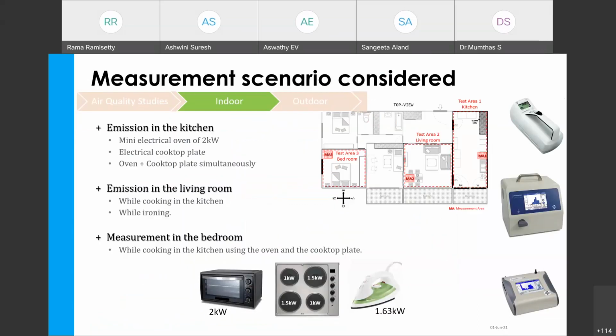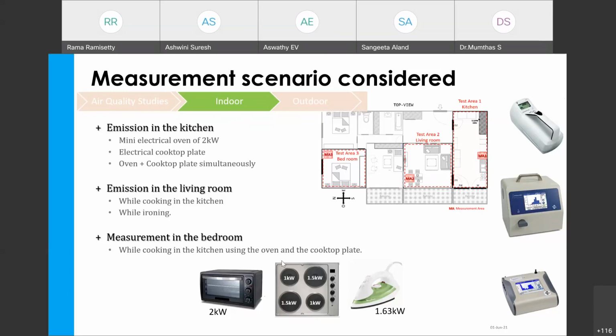My colleagues in Germany did funny experiments during the last lockdown. They measured how many particles are emitted inside the house in different areas, kitchen, living room, or bedroom, with some actions. For example, if you are using your microwave, how many particles are released, and when you are cooking or ironing, how many particles are coming out.